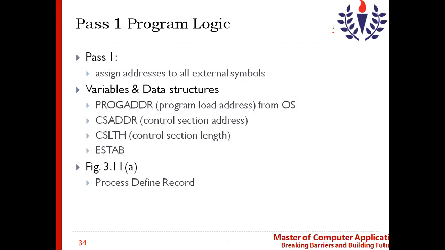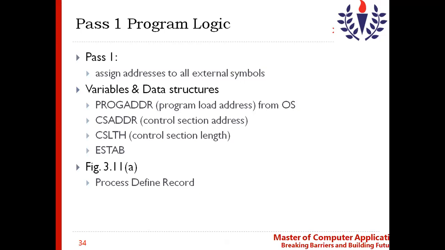Whereas EXTREF denotes the symbols which are used in the current control section, but whose definition is available in some other control section. That's where we use the EXTDEF and EXTREF in our program.